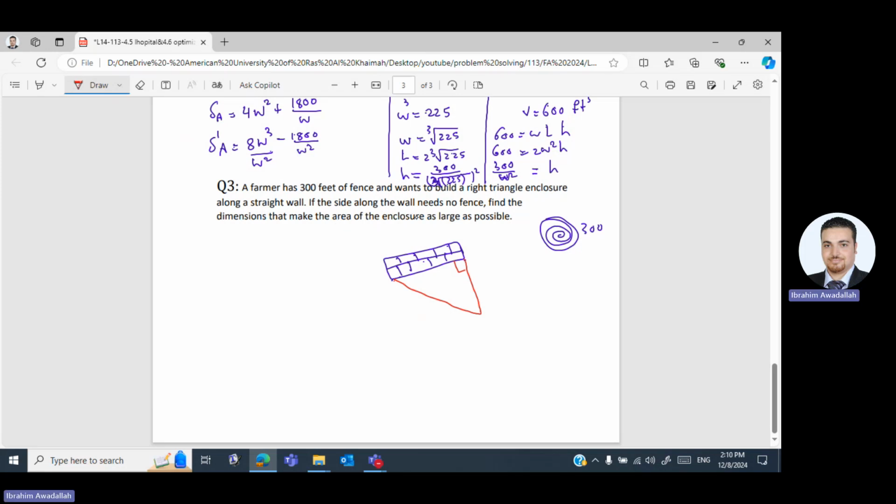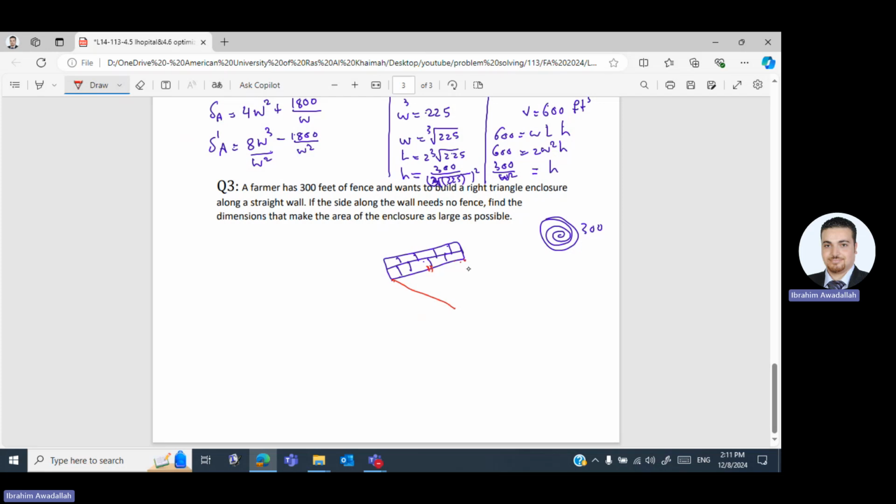If the side along the wall needs no fence, find the dimensions that make the area of the enclosure as large as possible. Okay, so from the question, that means the right angle of the triangle should be out. Why? To make this one the hypotenuse.